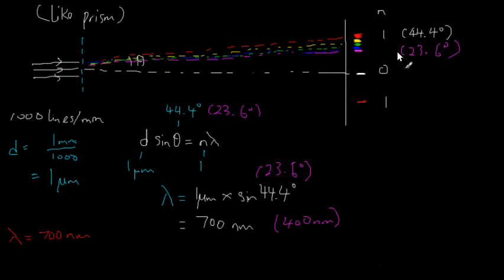Now the difference between these two, if you subtract them, is, I'm just going to put down a rough value, about 20 degrees. So that's the angular spread, the spread in angle between the two ends of the spectrum.